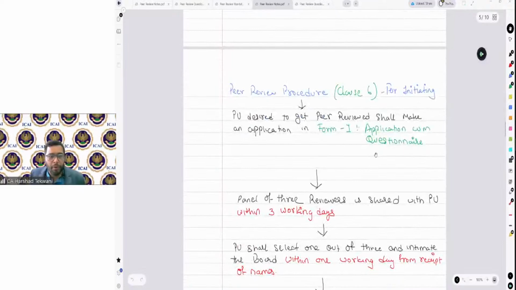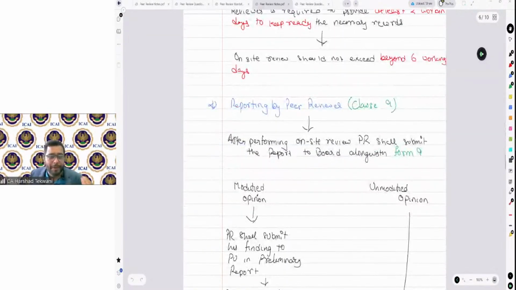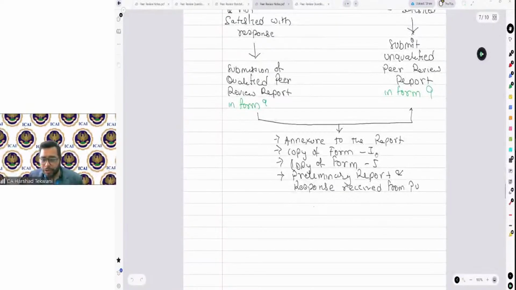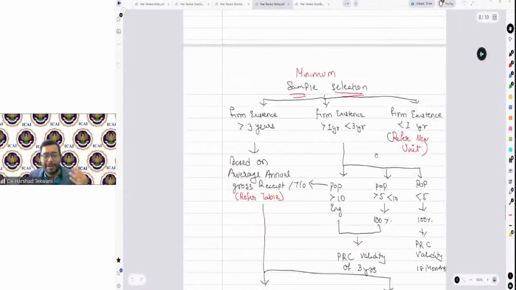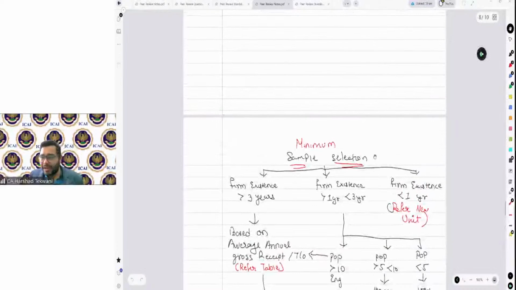Then the peer review procedure, reporting by the peer reviewer, what is the whole procedure, and then the minimum sample selection size. So these are all the areas we discussed in the last lecture.